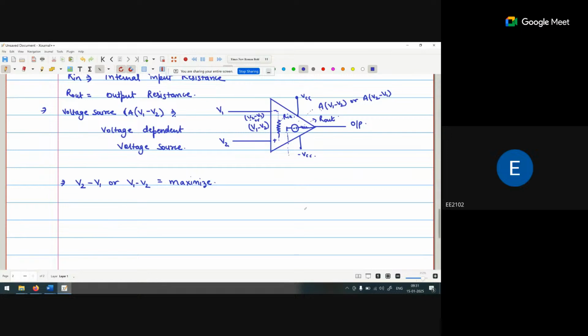Why should it be maximized? Because if it is higher, then A times (V1 minus V2) will be maximum, this voltage source voltage is maximum, and we get V out maximum.